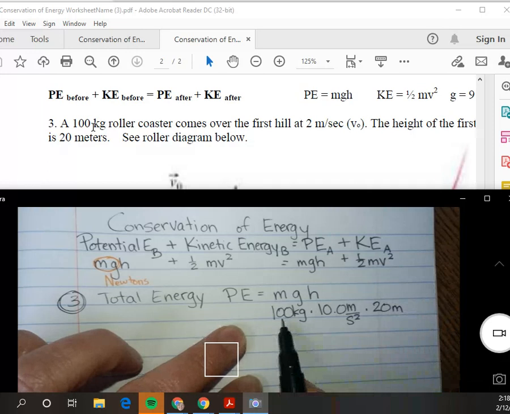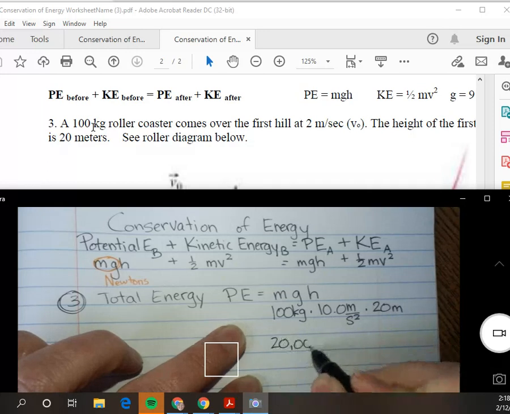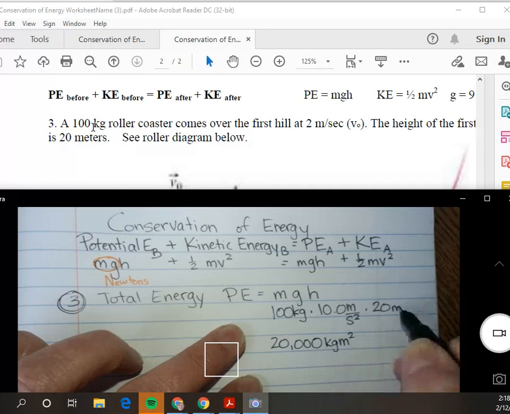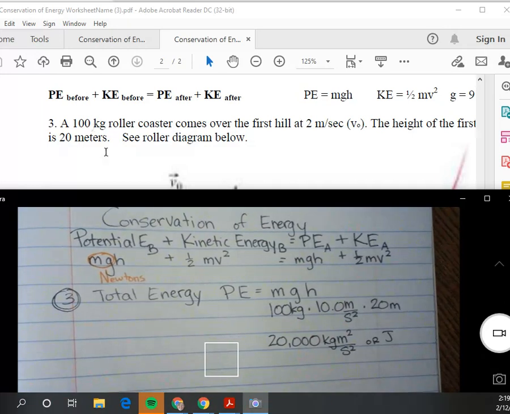So then 100 times 10 is 1,000. Times 20 is 20,000. And our unit would be kilogram meters squared over second squared, or joules. Okay, so that's the first part.